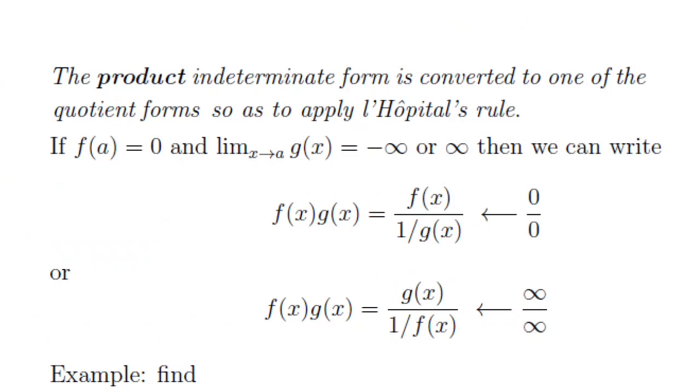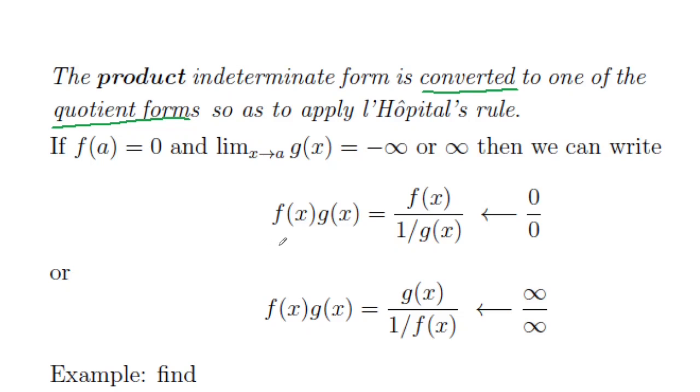In order to use L'Hopital's rule to figure out the limit of a product indeterminate form, it is necessary to first convert the product form into one of the two quotient forms and then use L'Hopital's rule as we did in part 1 of this video. The procedure is straightforward.